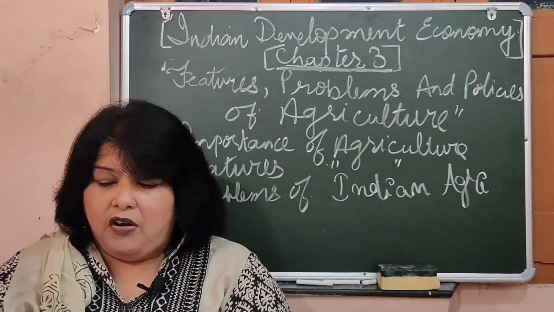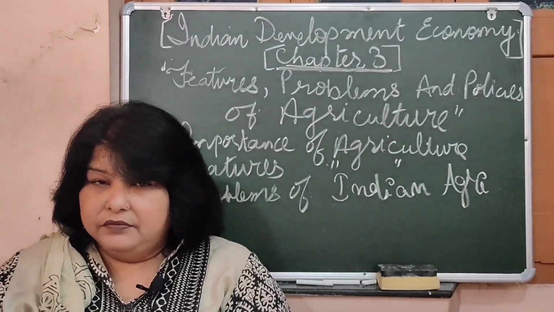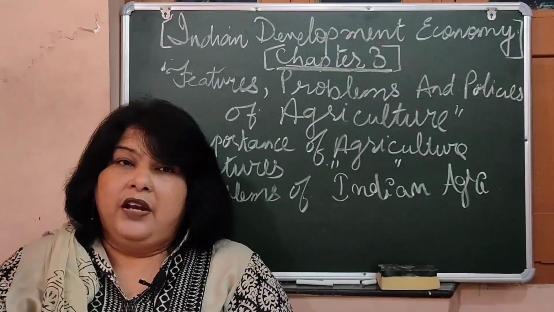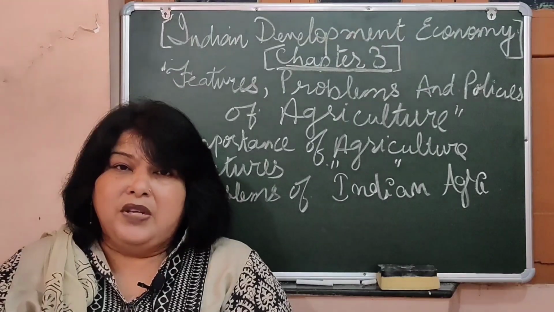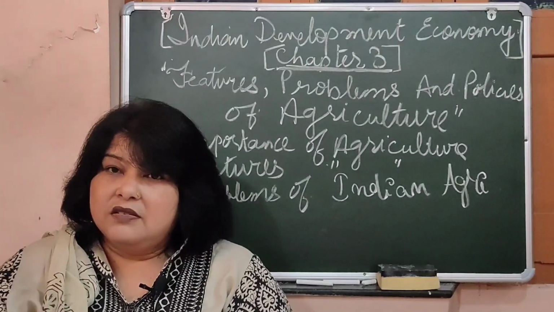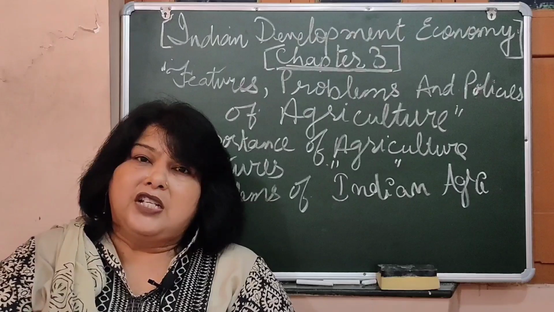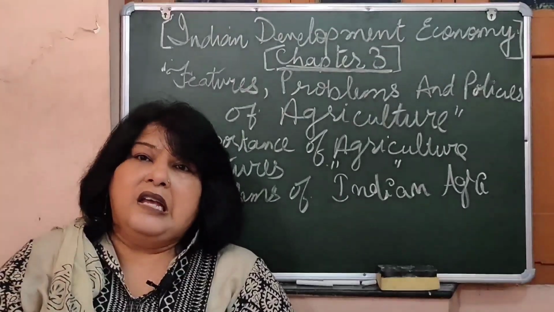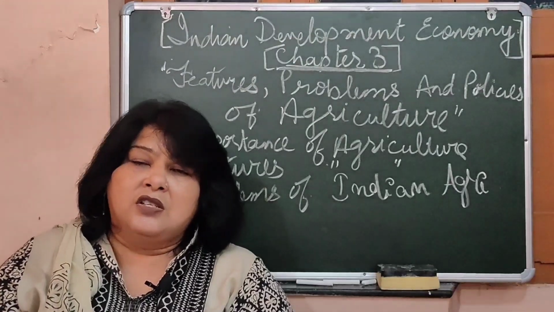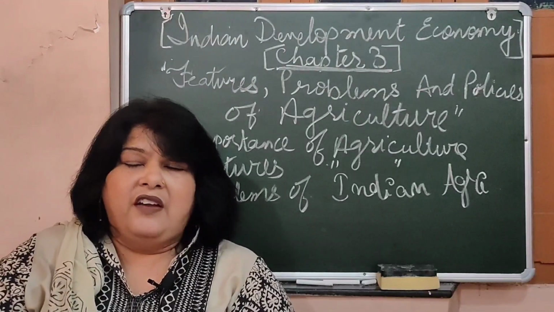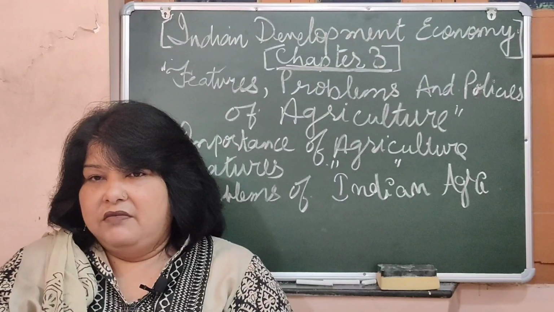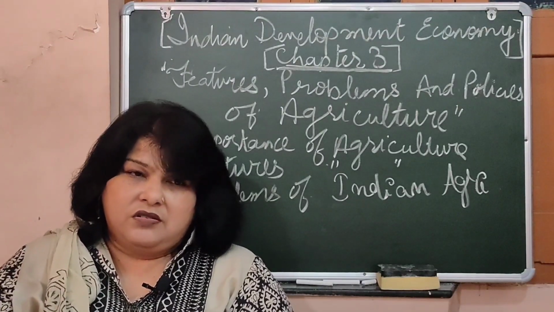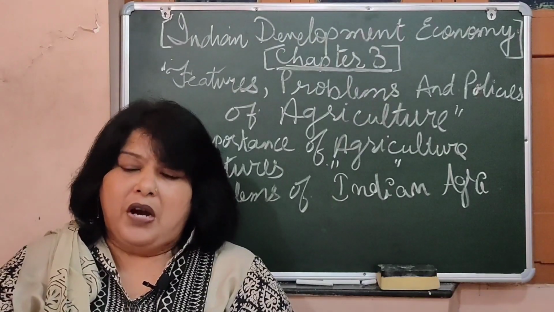Now then comes the lack of organized marketing system. Here the small farmers have to give the maximum part of the output to those mahajans and zamindars from whom they take loan at a very high interest rate. The output is given to them at a very low cost, and that is also part of their suffering.